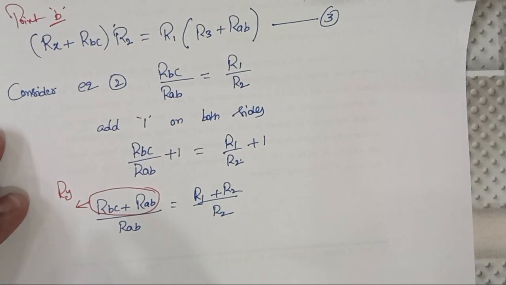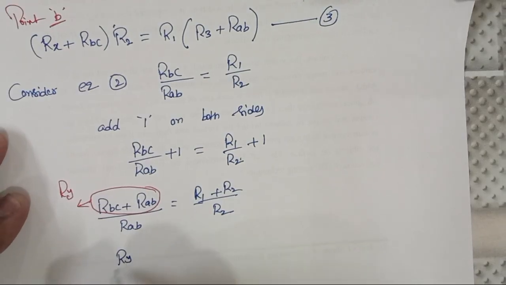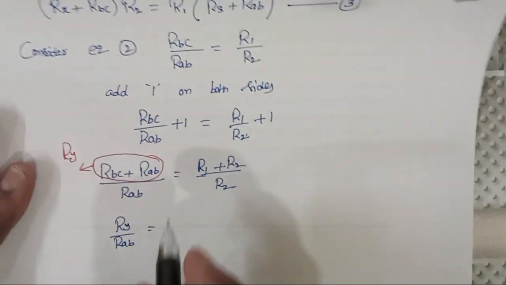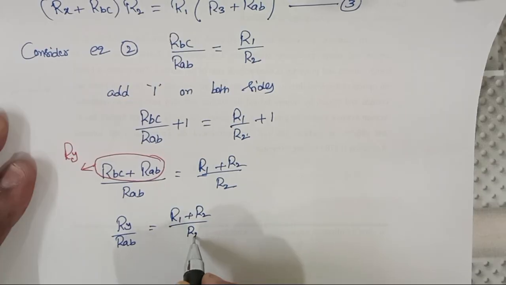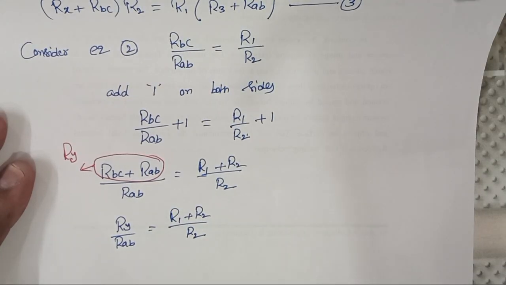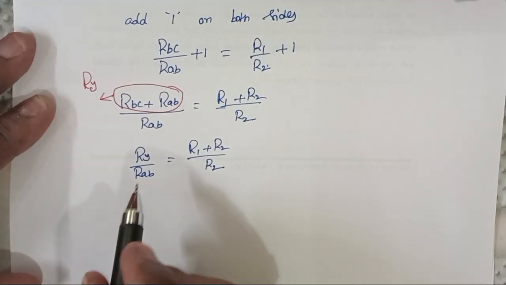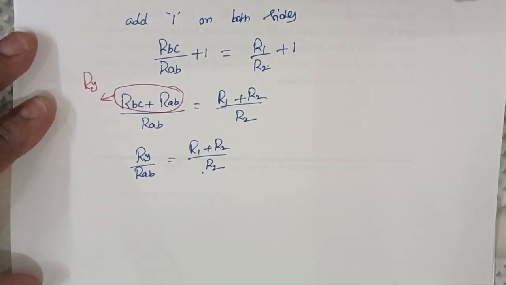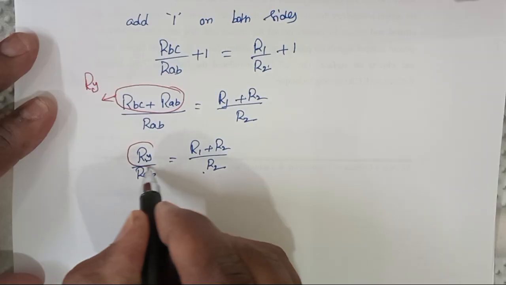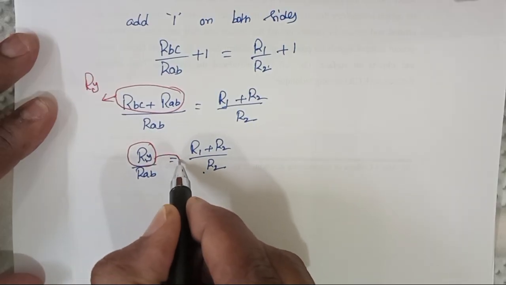So RY by RAB is equal to R1 plus R2 by R2. Now I am taking this RY to this side.